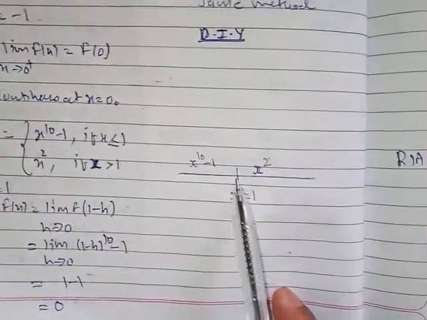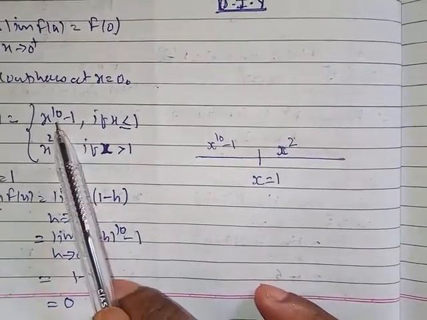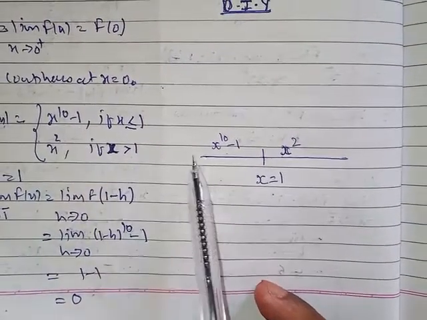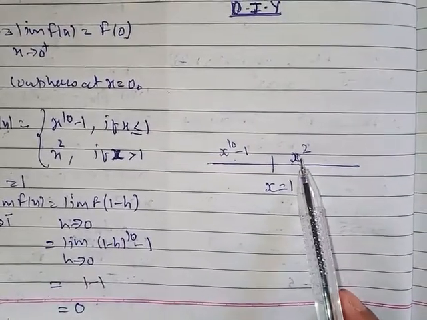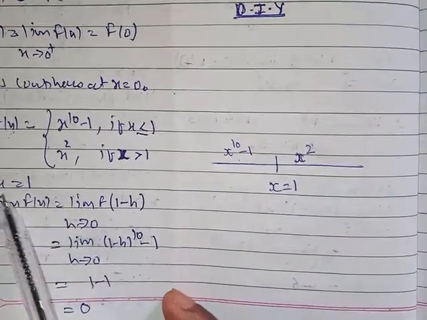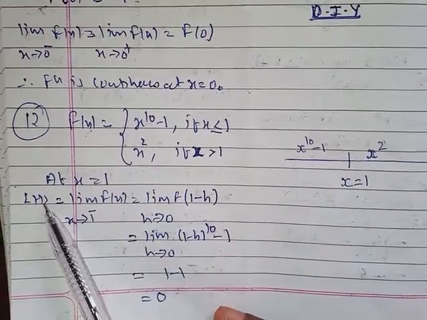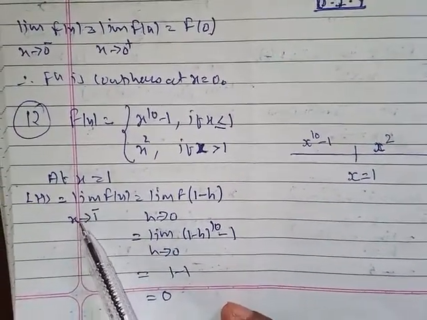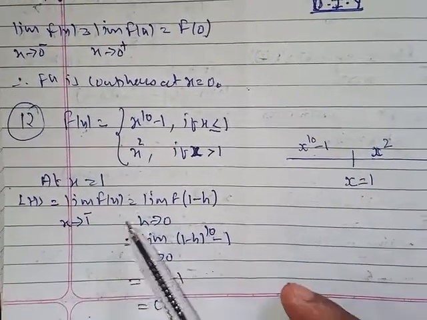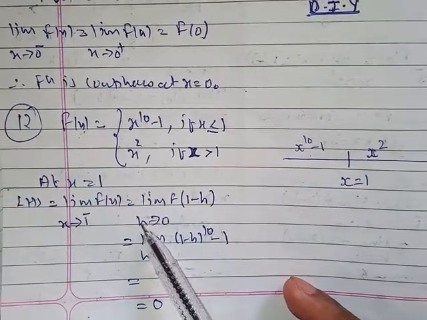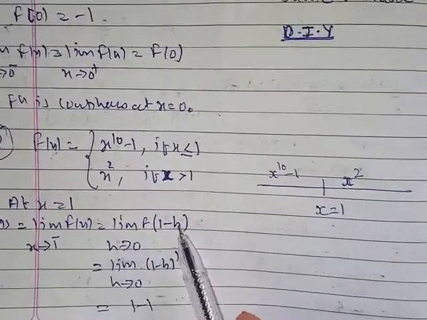We see that on the left hand side of 1, the function is defined as x^10 minus 1, and on the right hand side of 1 it is x squared. So let's check the continuity at x equal to 1. The LHS limit is limit x tends to 1 minus of f(x), which we write as limit h tends to 0 of f(1 minus h).